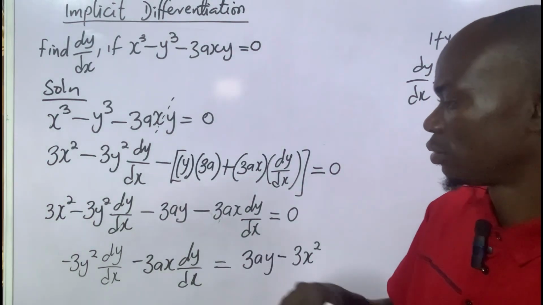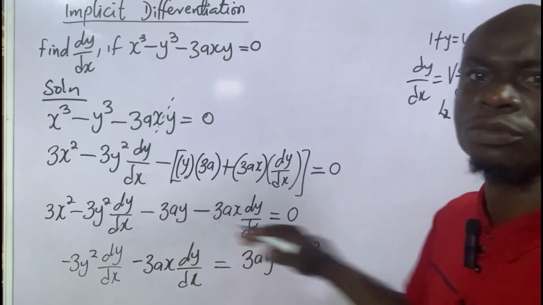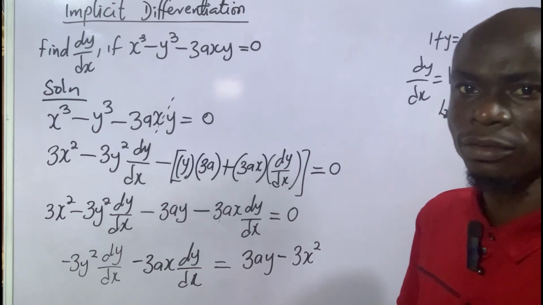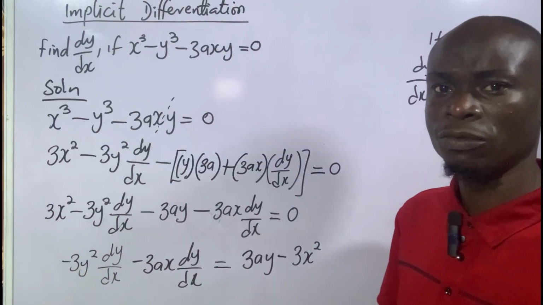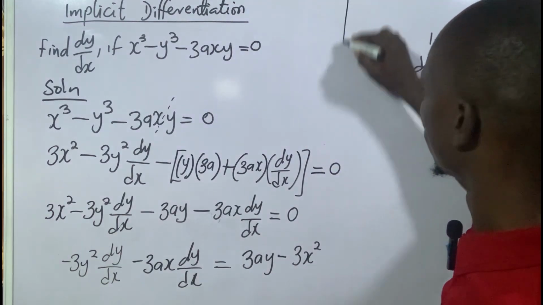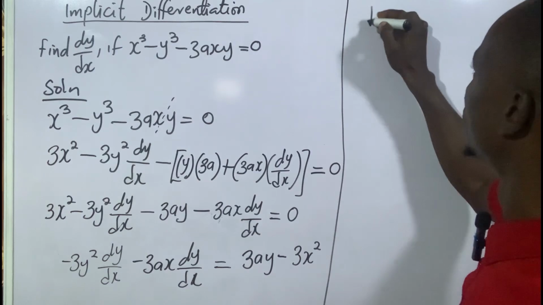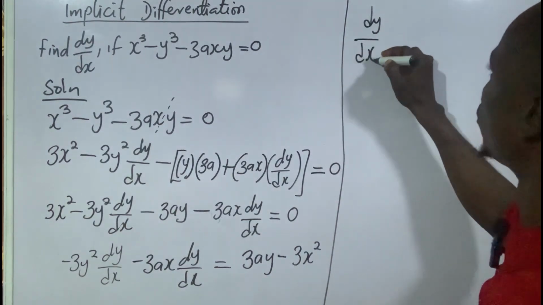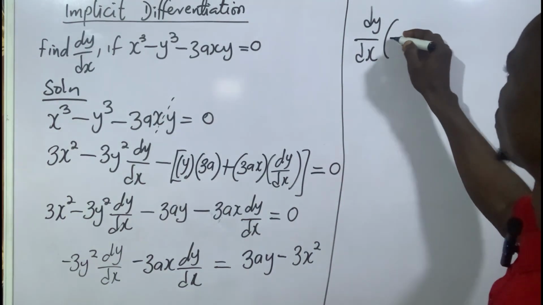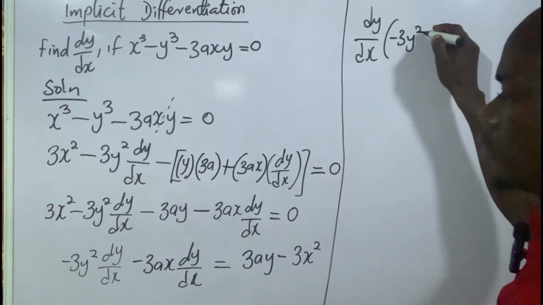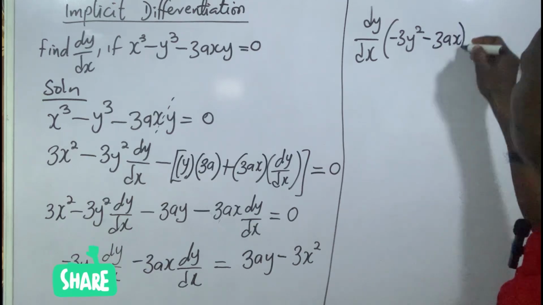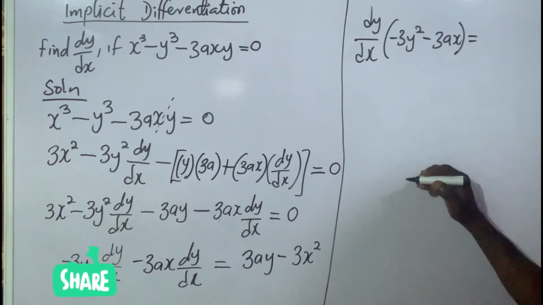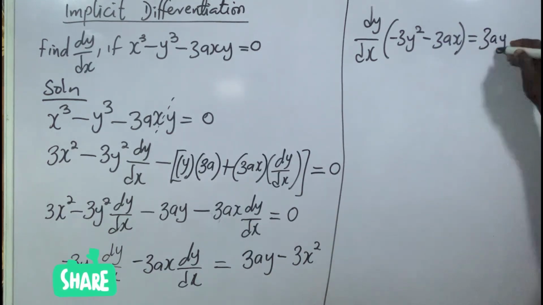If you like, even from here, you can divide through by 3. It's okay. But I want to get to my final answer. What is remaining with dy/dx is minus 3y squared minus 3ax equal to 3ay minus 3x squared.